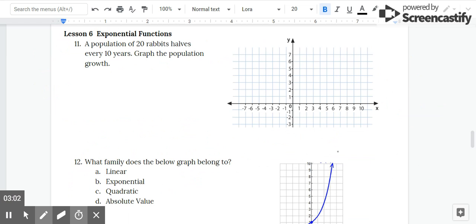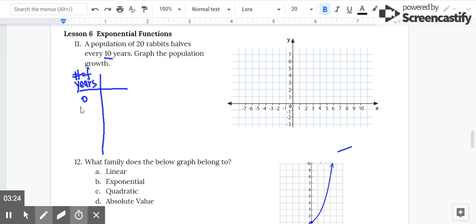To solve number 11, let's just have a table first. If I don't give a table for the unit test, then you should be able to make it. So let's say every 10 years. This is the number of years.